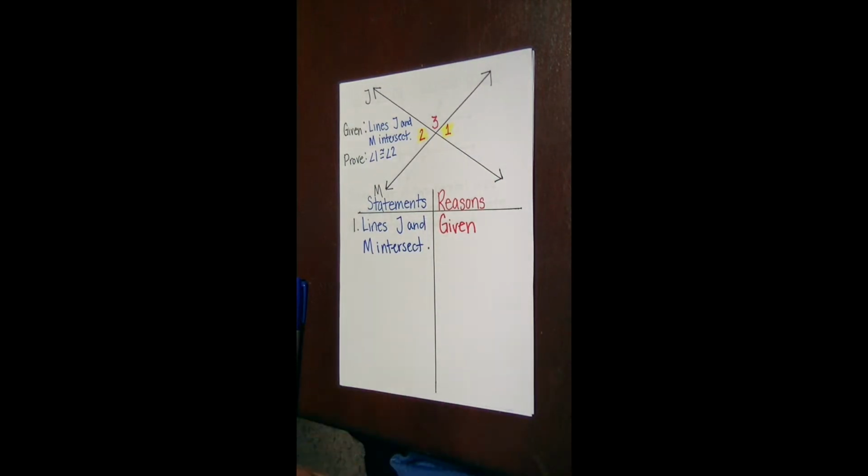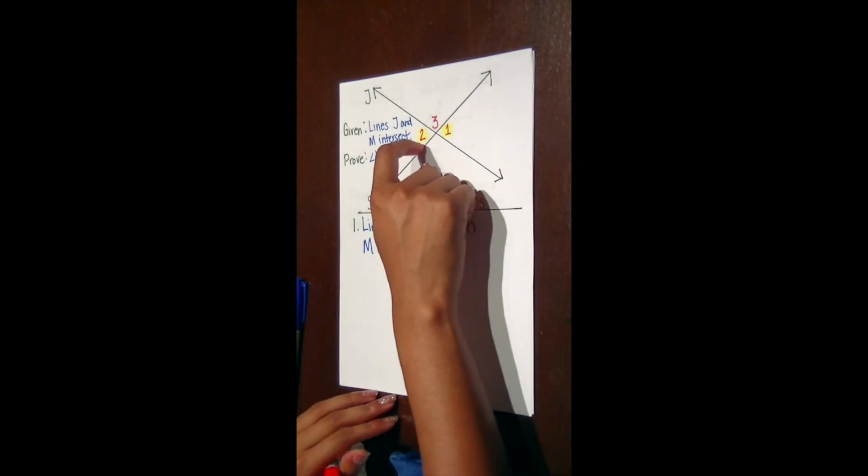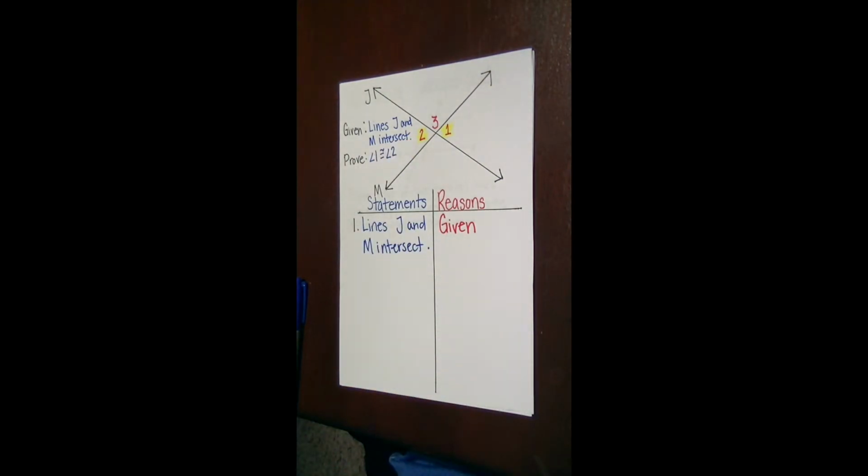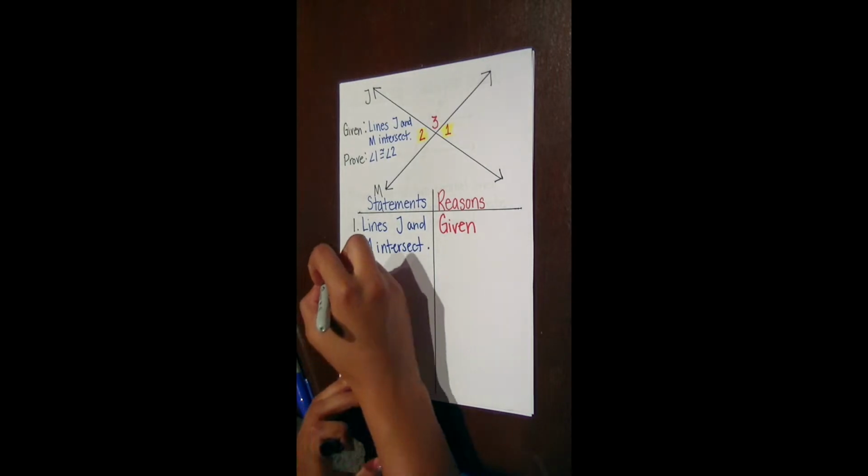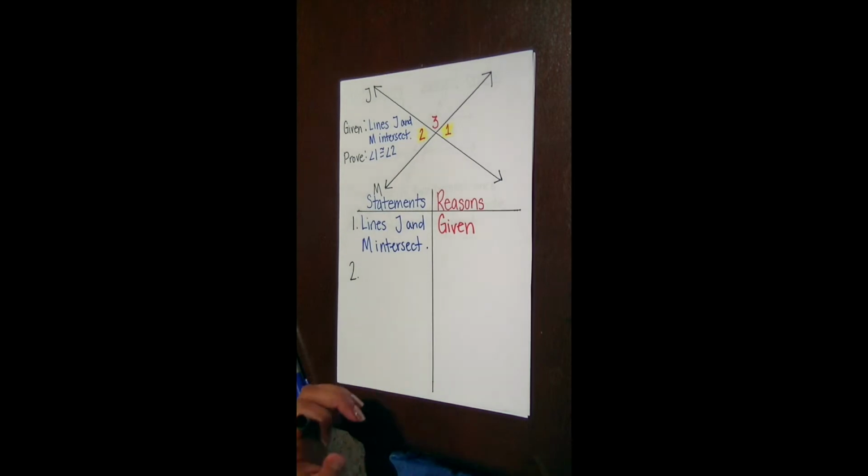Okay. So now we're trying to prove that angle 1 is congruent to angle 2. If I think back to the postulates and theorems that Mike gave me, the first postulate was the linear pair postulate. And I do see several linear pairs, so I'm going to try to utilize that and see if that'll help us prove things. One thing about proofs that you can do is if you don't know where to go, write down something.